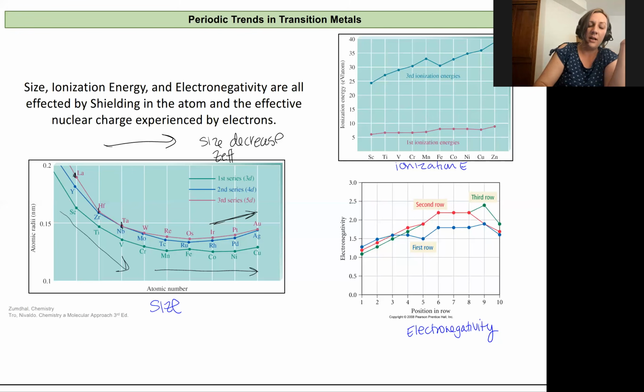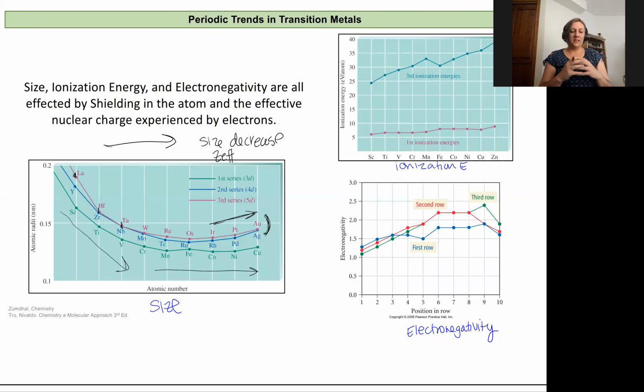And when we talk about these second and third series, then we're also adding an entire other subset of core electrons, which is the f orbitals. So for the second and third series, the 4d and the 5d block, or for the 5d block, we're going to have the lanthanide series in there as well.